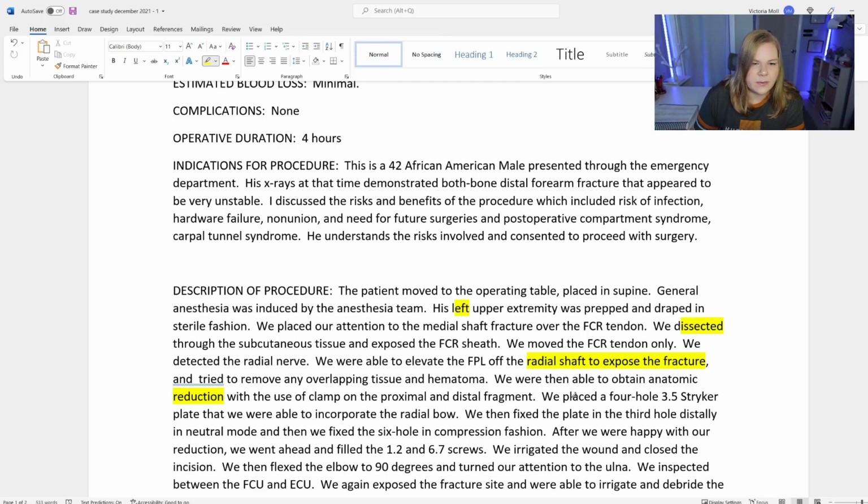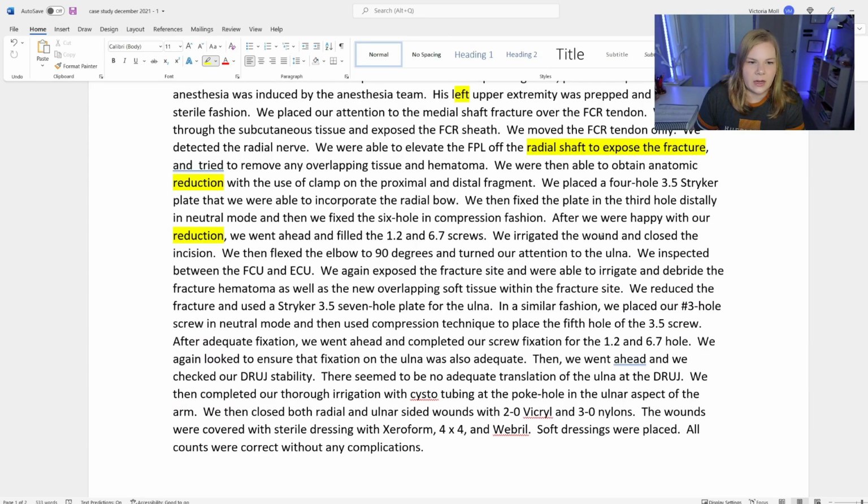We then fixed the plate in the 3rd hole distally in neutral mode, and then we fixed the 6th hole in compression fracture. After we were happy with our reduction, we went ahead and filled the 1.2 and 6.7 screws. So again, they're inserting screws into the patient. We irrigated the wound and closed the incision. We then flexed the elbow to 90 degrees and turned our attention to the ulna. So this all up here was for our radius shaft fracture. Now we're doing the ulna.